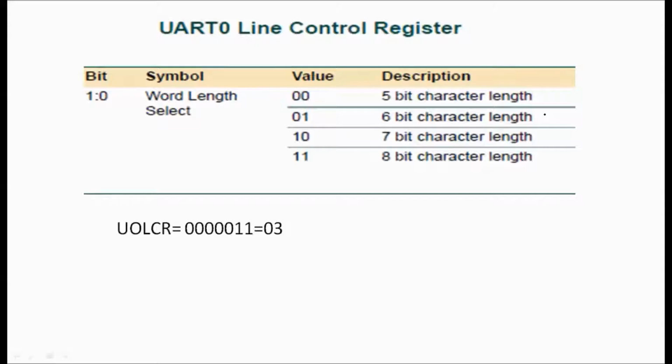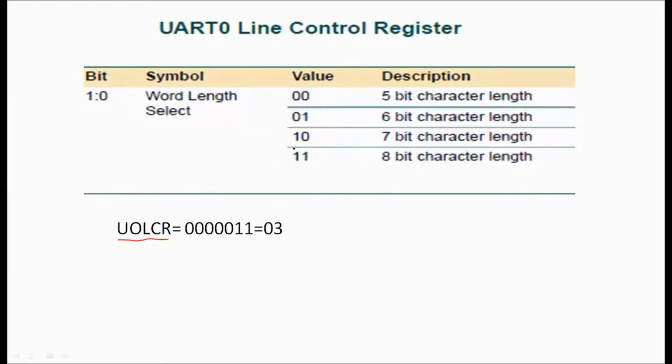The next register is the U0LCR register, that is the UART0 line control register. So this is the LCR register, as you can observe here. Again, only the important bits we are going to initialize. All other bits we will use with their default values. That means there is only one stop bit, and that stop bit is 0. But this value we are going to change.